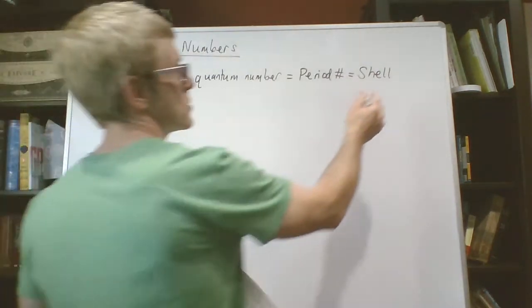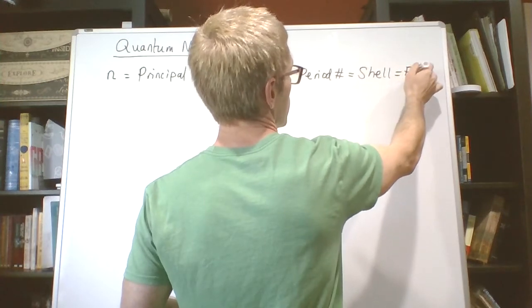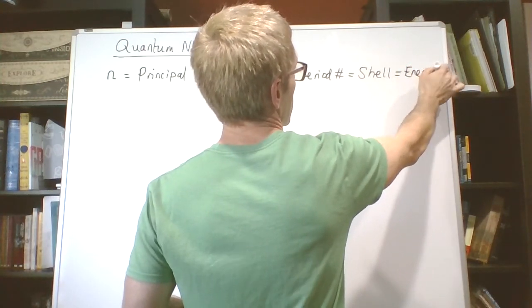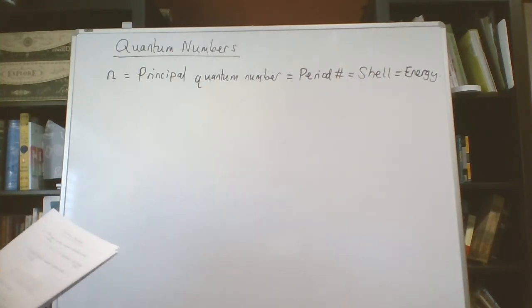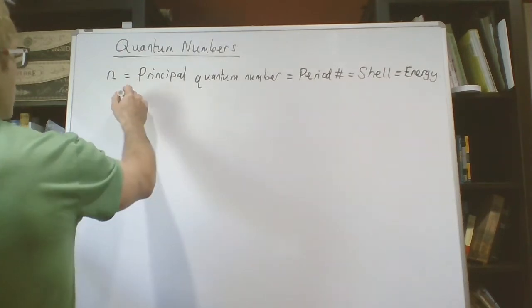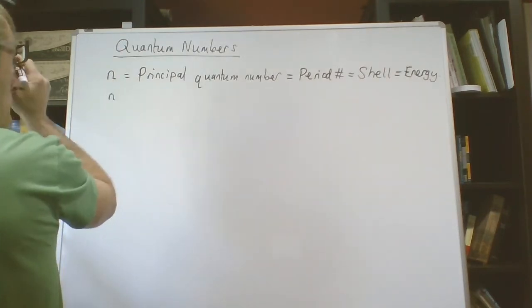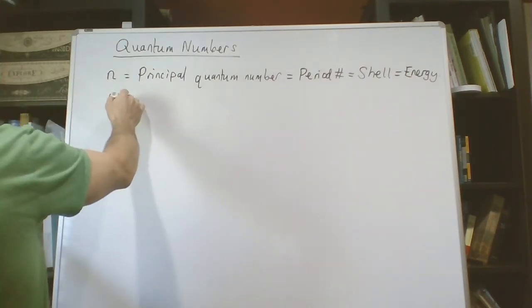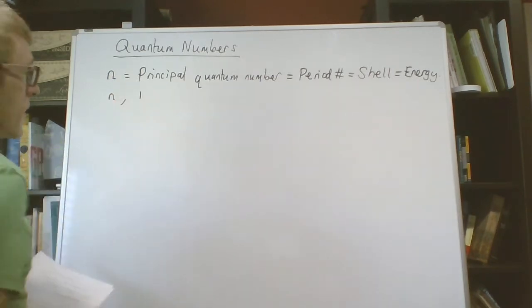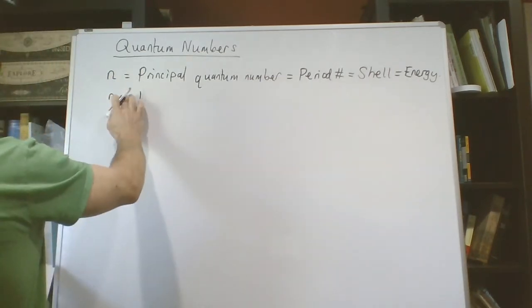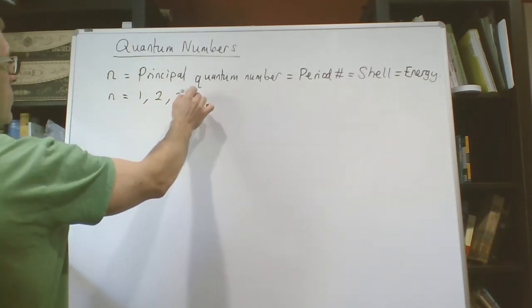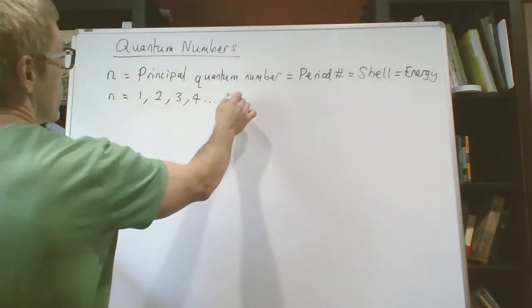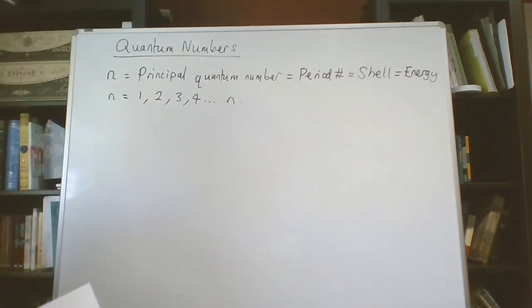And finally, it's also the energy. So once we know the principal quantum number, we know its shell, we know its period number, we know its energy. N can have whole number values, so it can be 1, it can be 2, it can be 3, it can be 4. Whole number values begin with number 1.